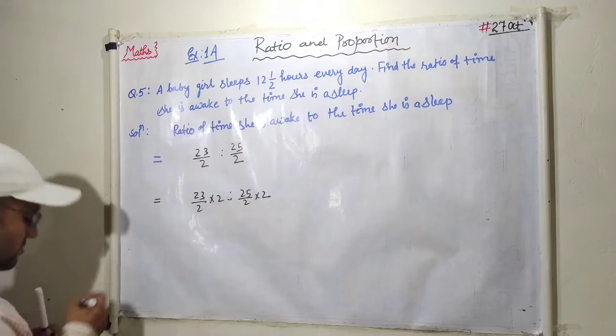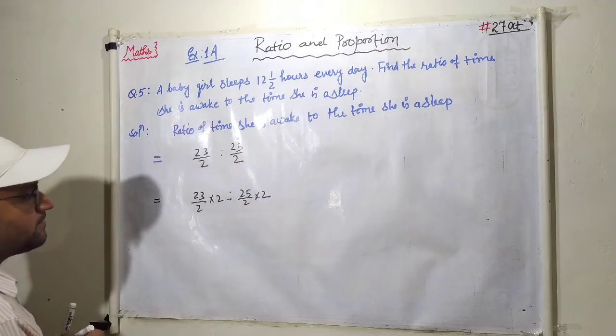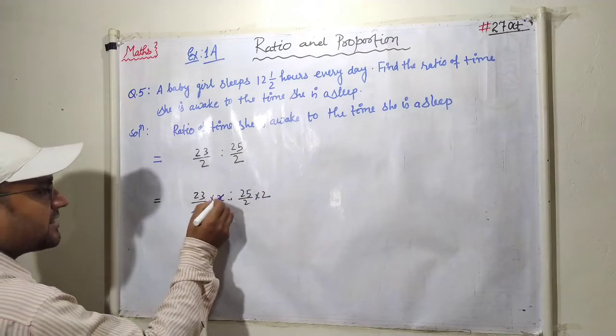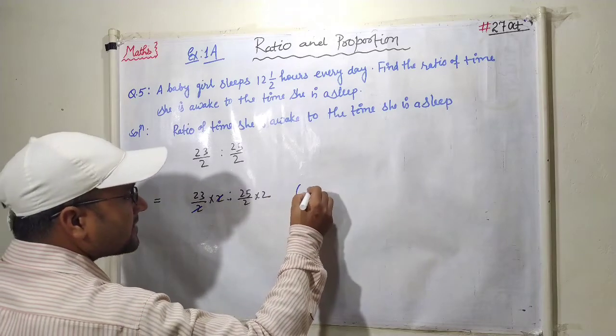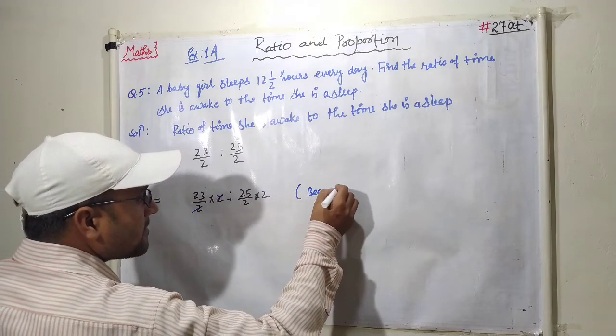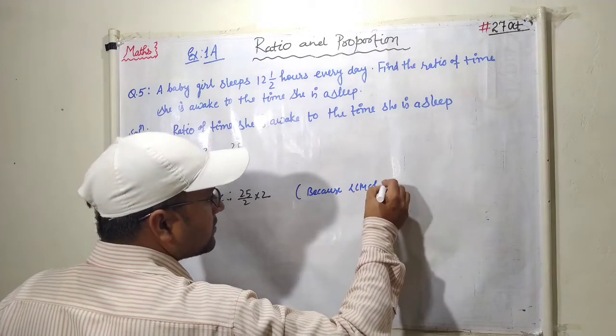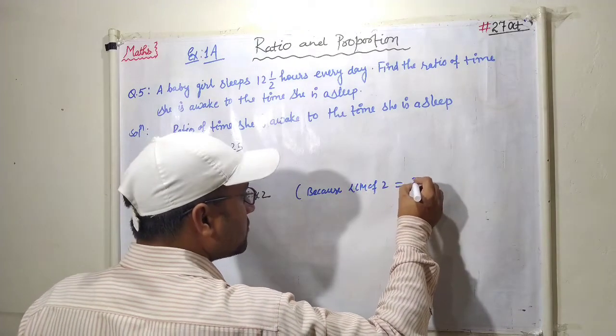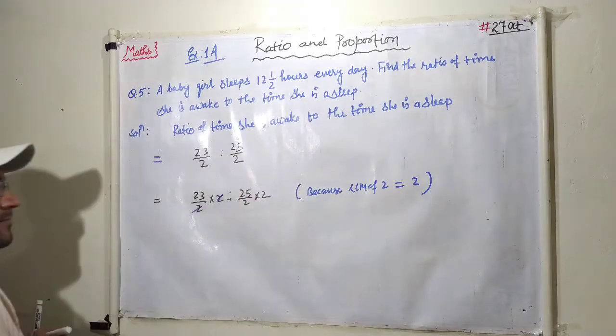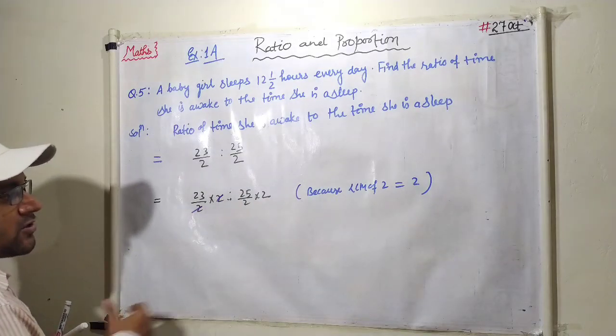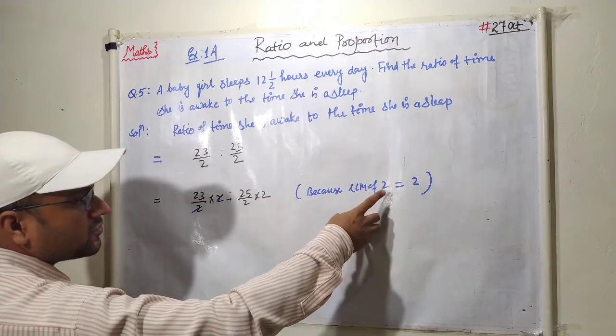The 2 is cancelled out by this 2 because the LCM of 2 is 2.